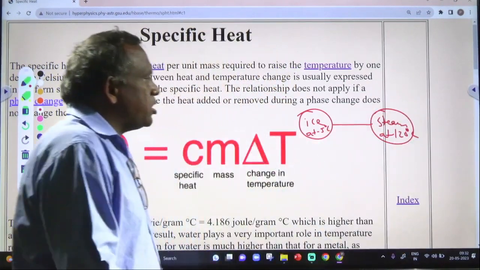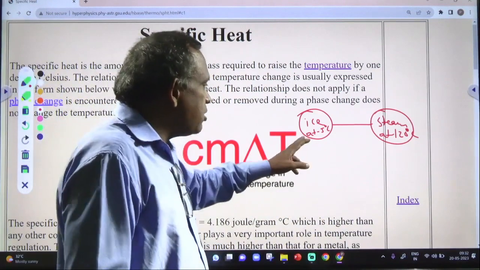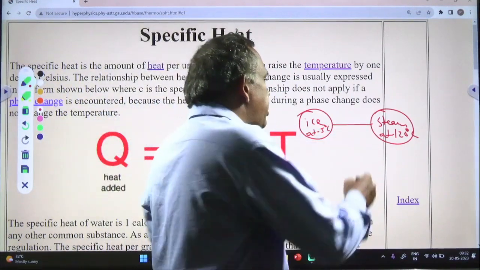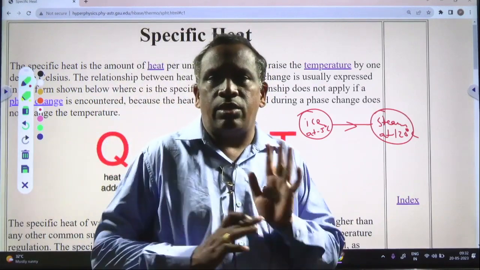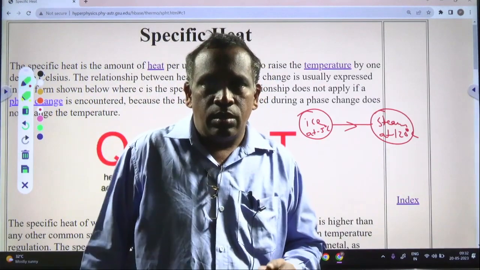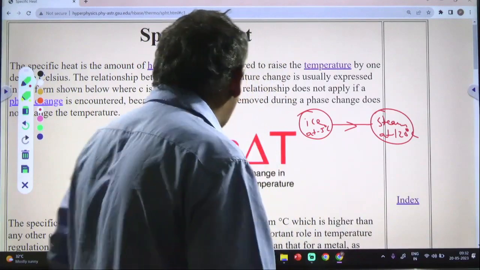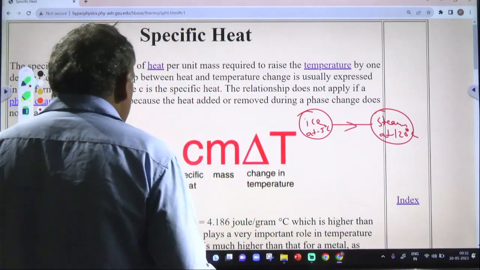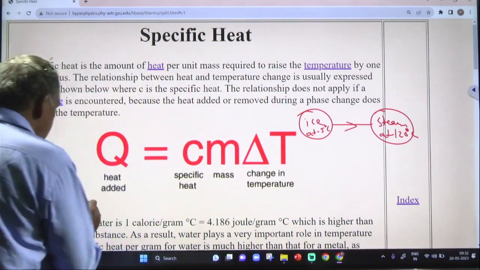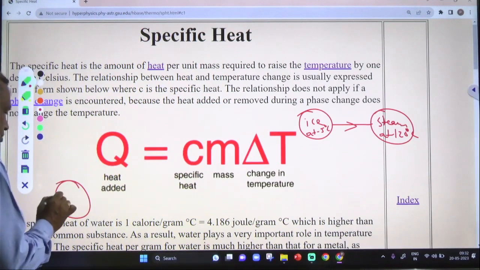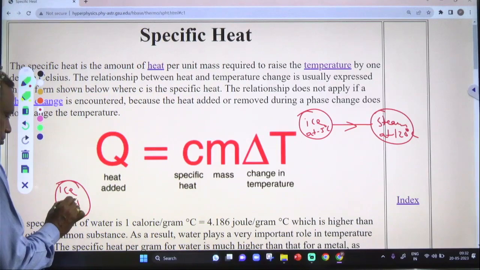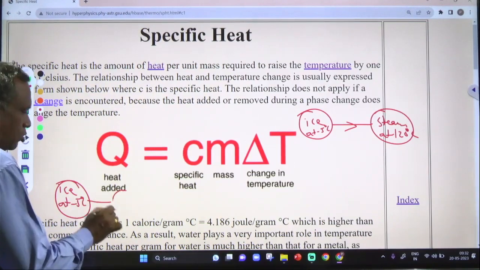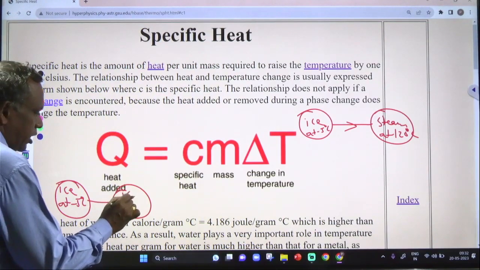What are the different stages to convert ice into steam? First of all, the ice at minus 5 degrees centigrade will change to ice at 0 degrees centigrade.